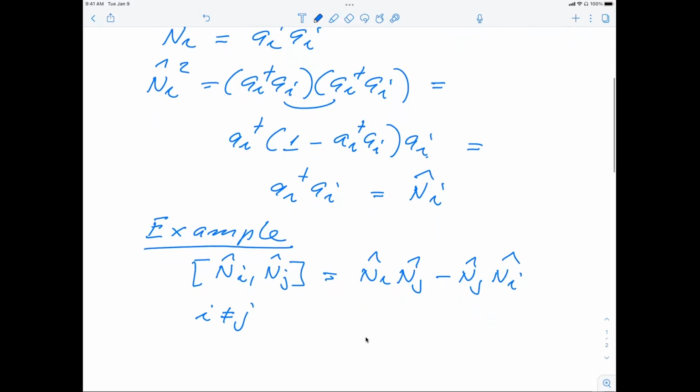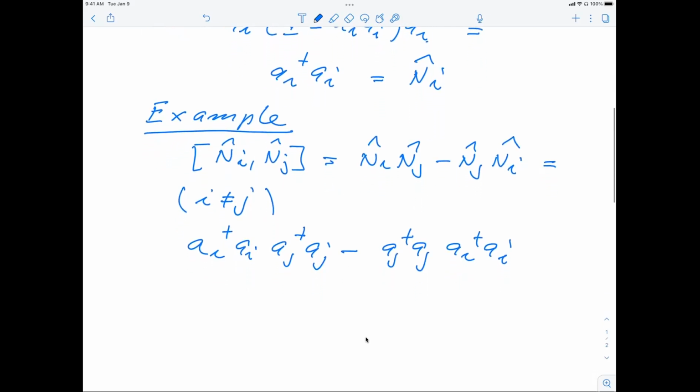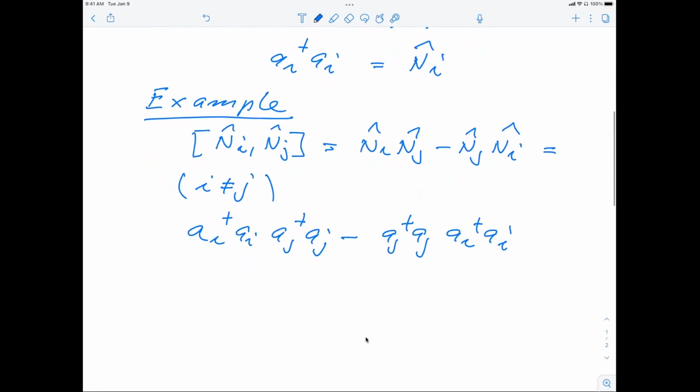So if I do that, let's put this in parentheses. This will be a_i† a_i, and then I have a_j† a_j, minus a_j† a_j times a_i† a_i. Then we can use the anti-commutation rules here and just reshuffle the operators.